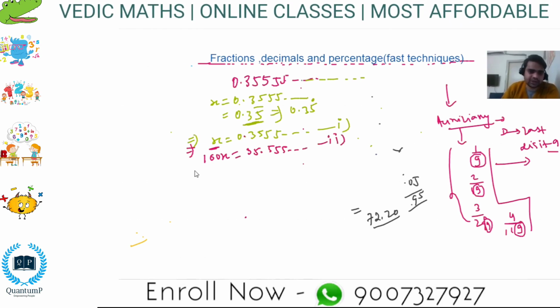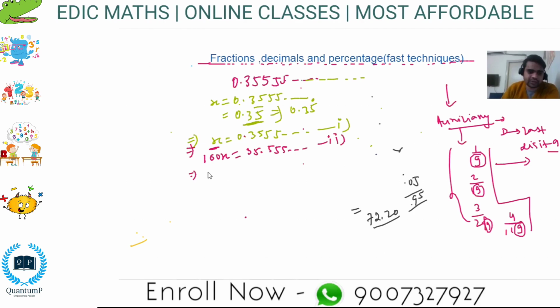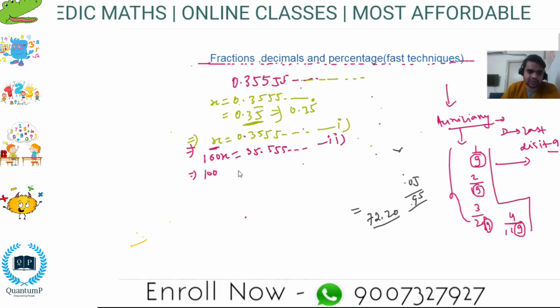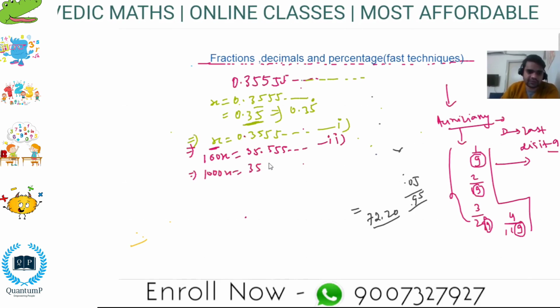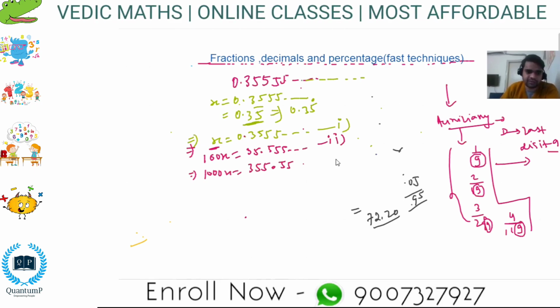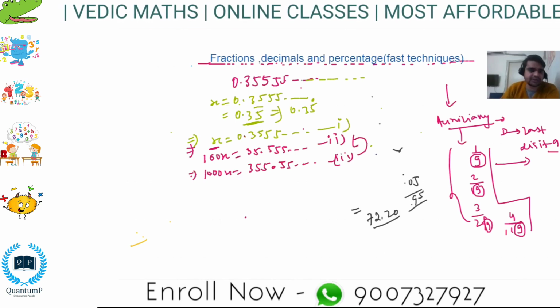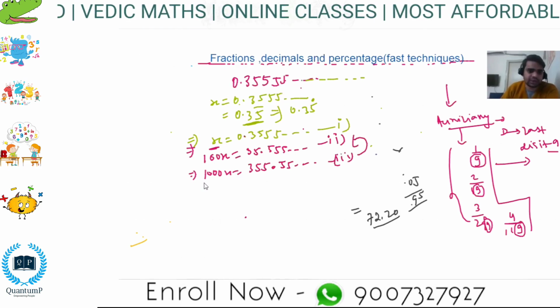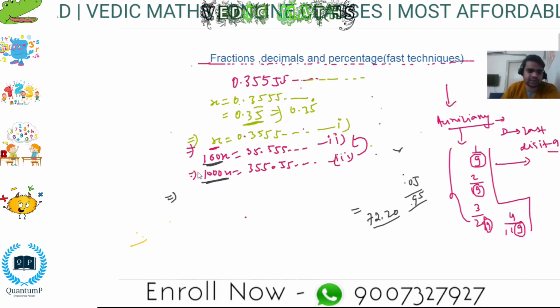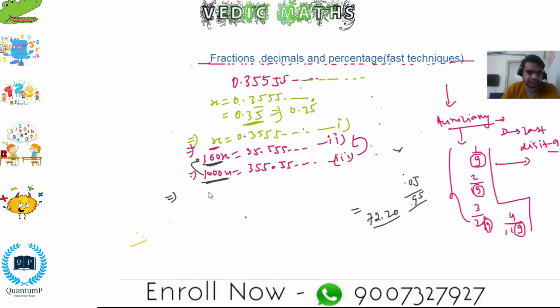Then I will multiply again with one extra zero, so this will become 1000x, and this will become 355.55 dot dot dot. I'll mark this as the third equation. Now I'll subtract the second equation from the third, so 1000 minus 100 becomes 900x is equal to 355.555 dot dot dot minus 35.555 dot dot dot.